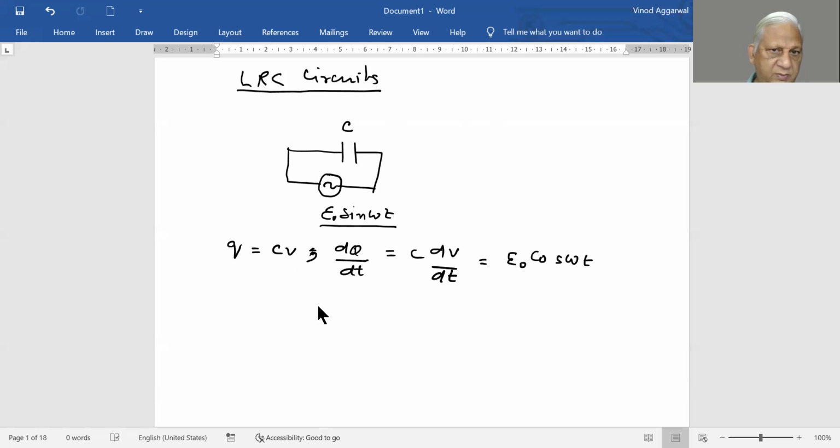When we differentiate this, we get it multiplied by C Vm omega. So if we write it properly, this cos we get by differentiating the sine part of it.